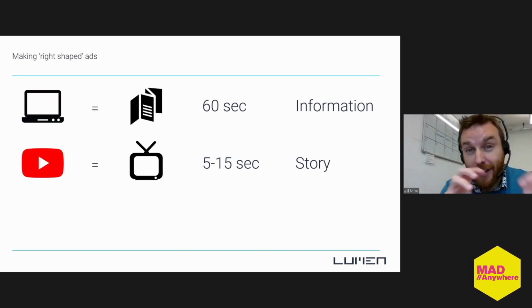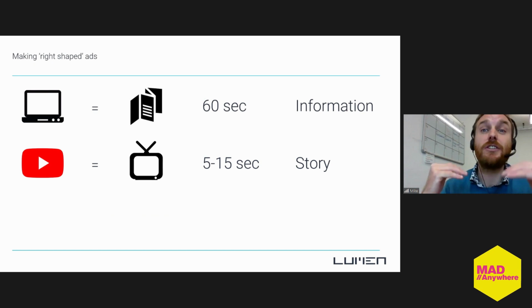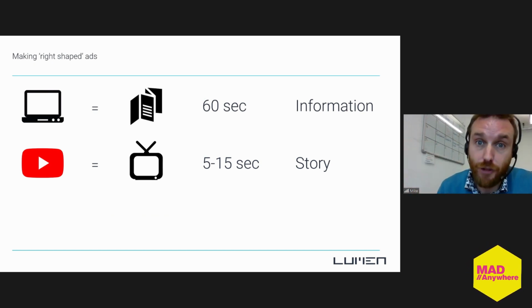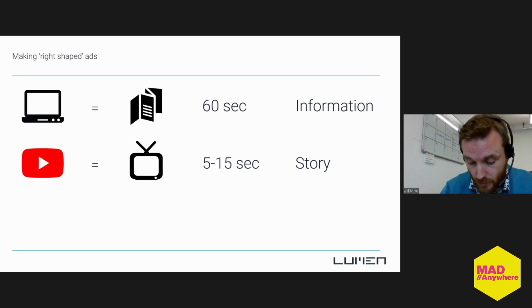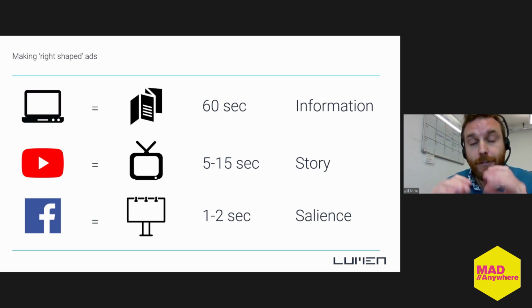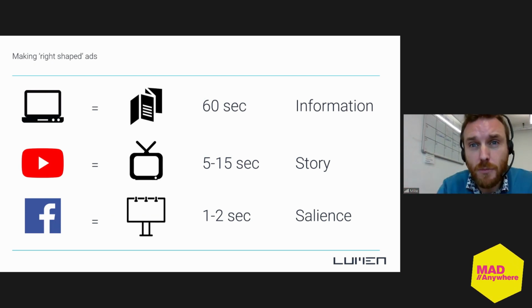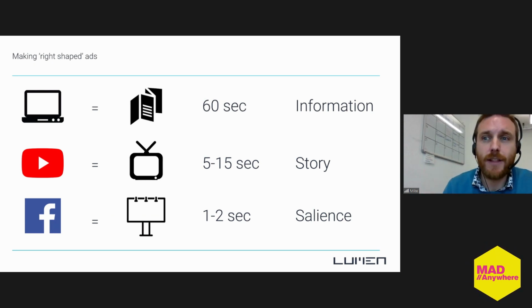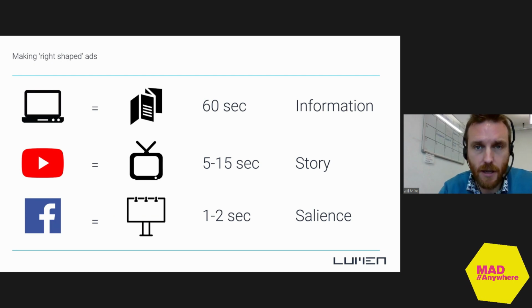There you're getting about 5 to 15 seconds of attention, which is enough time to tell a bit of a story, but probably not enough time to frantically educate people about the wonders of your offer. And then lastly, Facebook. Facebook, whatever people say, is much more like a poster than anything else. You're getting 1 to 2 seconds of attention there, and so that's really a salience place.